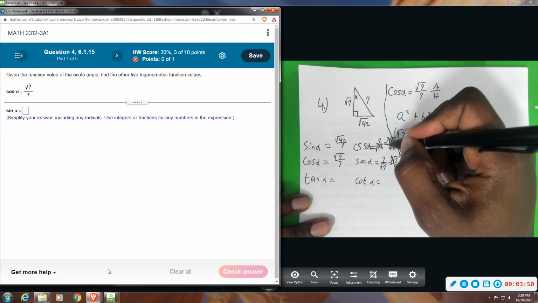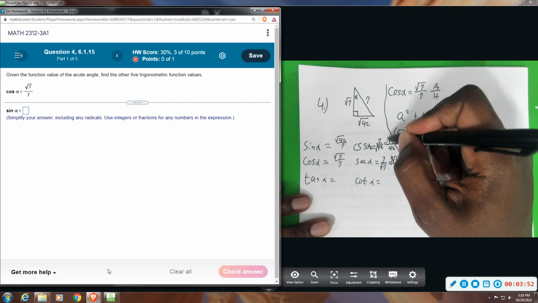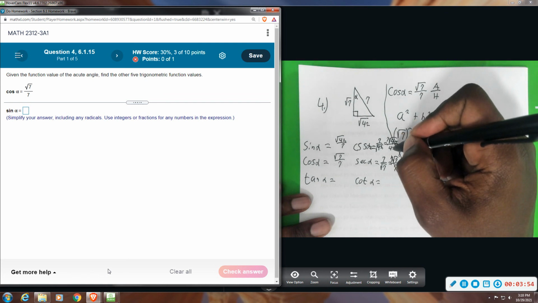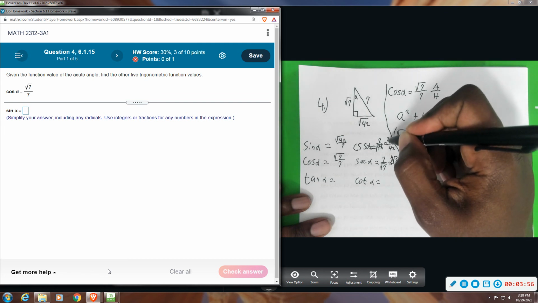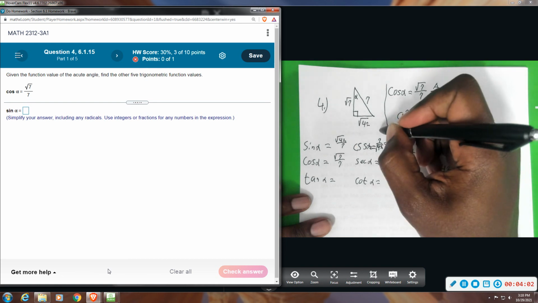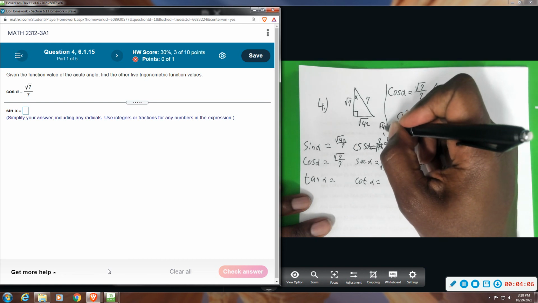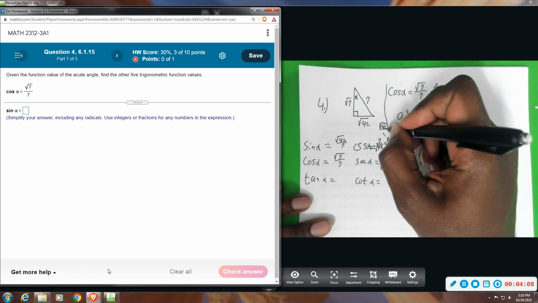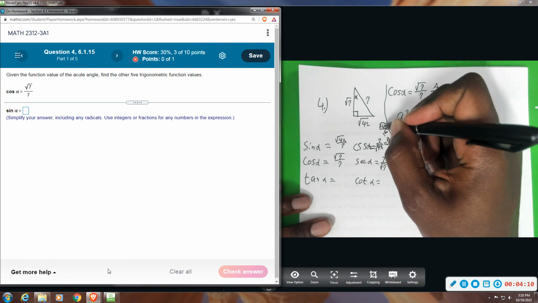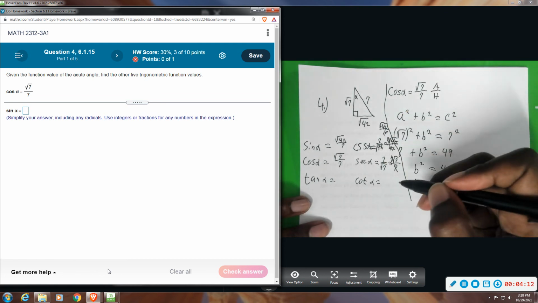And you can reduce 7 and 42. 42 is divisible by 7. We're going there 6 times, so you'll get 1 over 6, or square root of 42 over 6. So if I write that, that will be the square root of 42, because that 1 will just go away, over 6. So square root of 42 over 6.